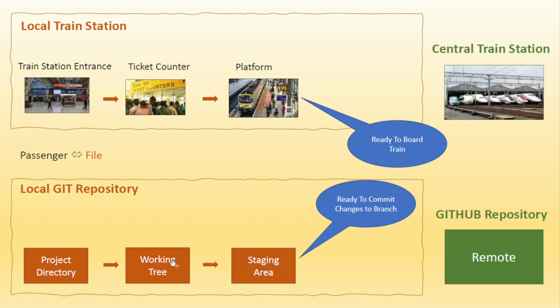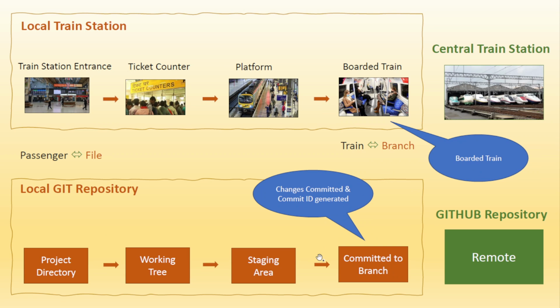Similarly, once you are done with your changes, you move them to the staging area, and the staging area is where you are ready to commit your changes to a branch. When I say train and branch, it's what carries those files. Train is used to carry the passengers, branch is used to carry the project files.